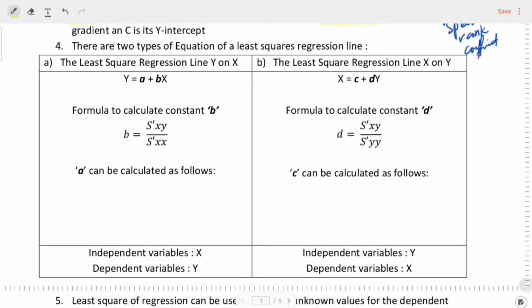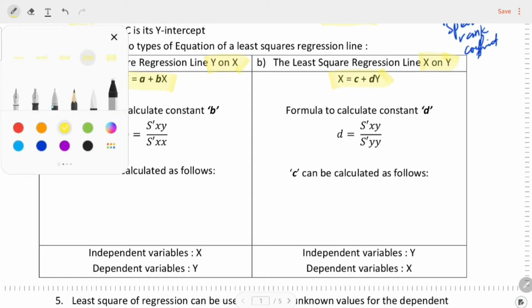If it's the least squares regression line y on x, the equation is y equals a plus bx. The other one is the least squares regression line of x on y, and the equation is x equals c plus dy.